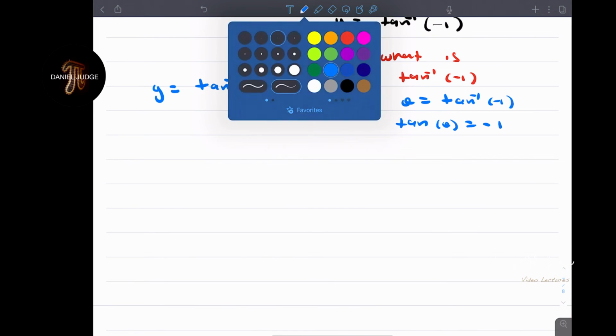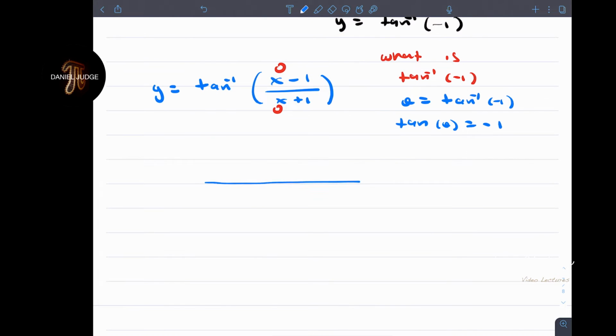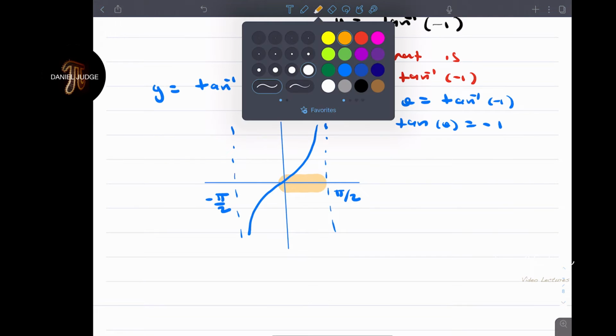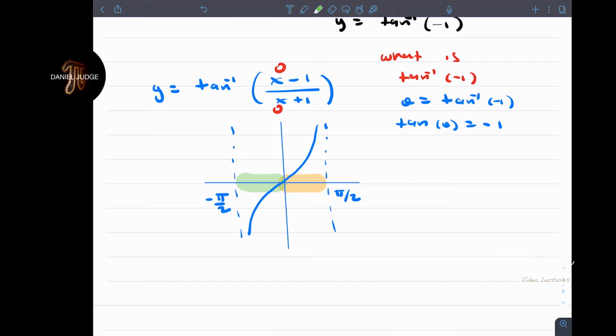And so remember this tangent function if it's going to be invertible. I want to try to remember when this is. So essentially this is pi over 2 minus pi over 2. The reason I'm saying this is because if you remember, this is quadrant 1. And this will be quadrant really 4.